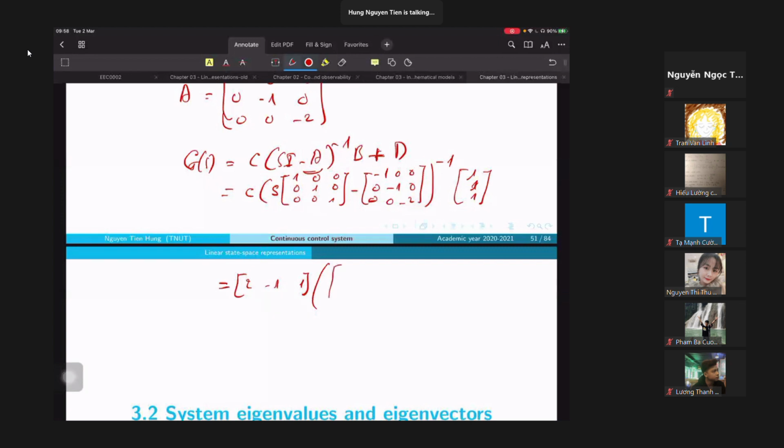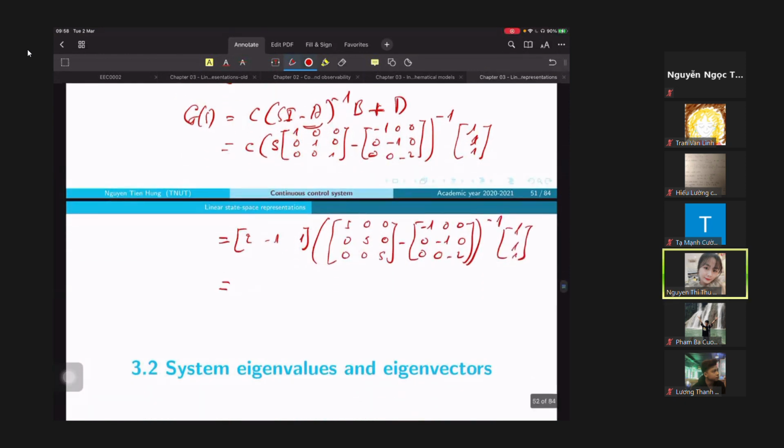So s multiplied by the identity gives s, 0, 0, 0, s, 0, 0, 0, s, minus A, which is minus 1, 0, 0, 0, minus 1, 0, 0, 0, minus 2, inverse. And we have 1, 1, 1 like this, and here 2, minus 1, 1.